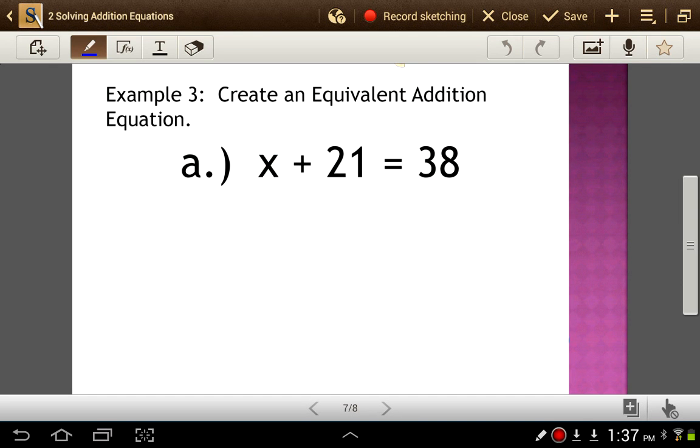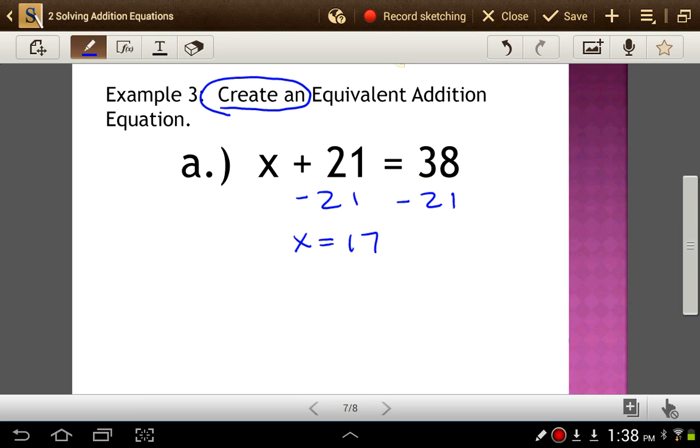In example 3, this time I want you to create an equivalent addition equation. When I ask you to create one, I want you to create an equation that has the same answer. The first thing you need to do is figure out what x equals. I'm adding 21, so the inverse is to subtract 21 from both sides, which gives me x equals 17. That just helps me create my equivalent equation, where x is 17. Equivalent means they represent the same value.